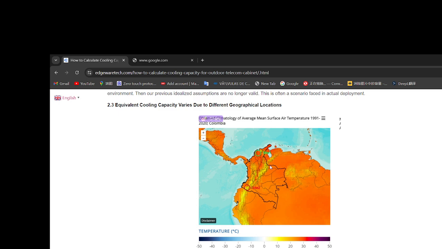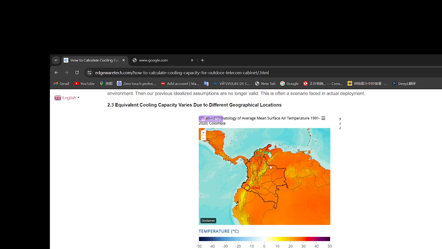Second, we need to understand that in the winter, I mean, Colombia probably has no real winter, but actually in winter it's a little bit cooler. In summer it's hotter. So the environment temperature will change, right? First, based on geographical location.